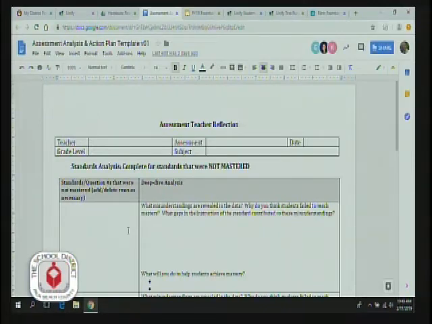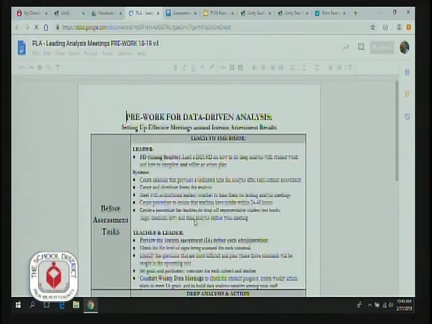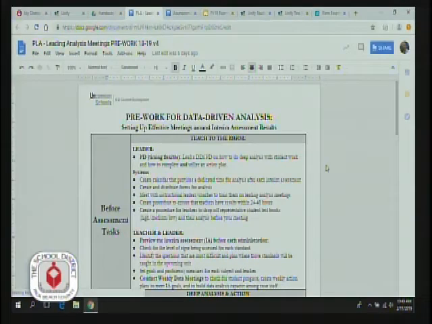And then there is also, I will call it, a starter. This document came from the retreat or the conference that the team went to, and it's called Pre-Work for Data-Driven Analysis, Setting Up Effective Meetings. And this kind of walks you through chronologically before the meeting, during the meeting, after the meeting.